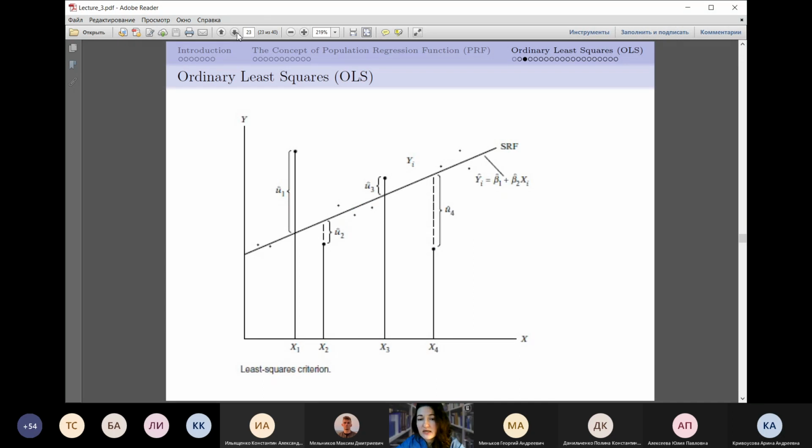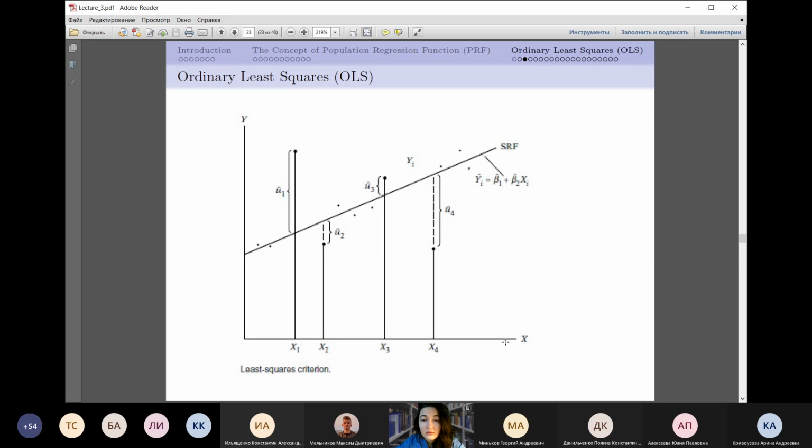It's better to discuss the ordinary least squares method through this picture. Here you can see that we have n pairs of observations on y and x. We have two random variables.